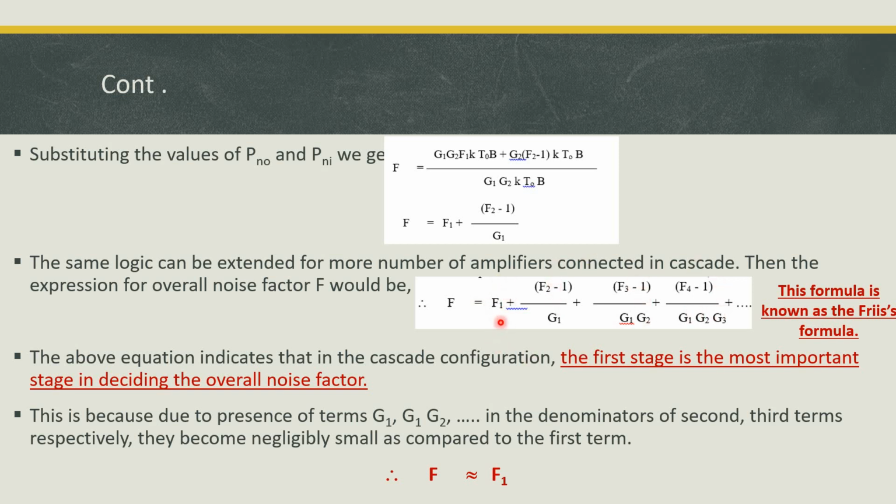Also the first factor is not divided by anything, but the second factor is divided by G1, and the third factor is divided by G1 G2. So if you keep on increasing the division factor, the domination of noise due to that particular amplifier will reduce. That's why approximately they specify F is approximately equal to F1.